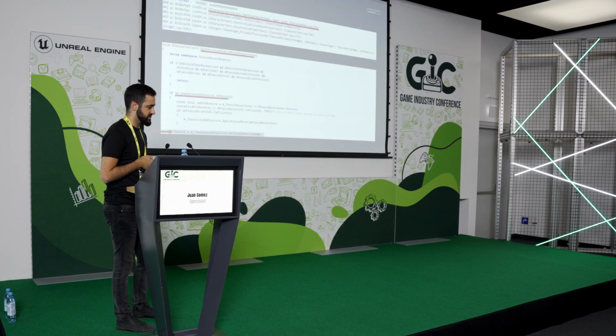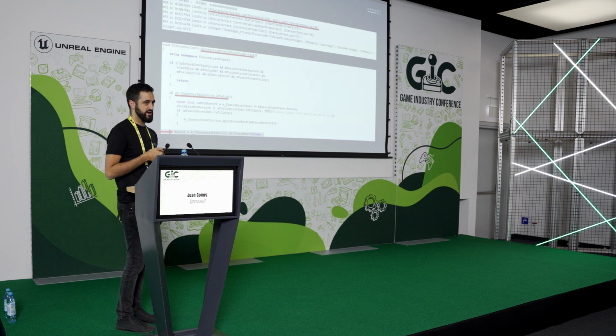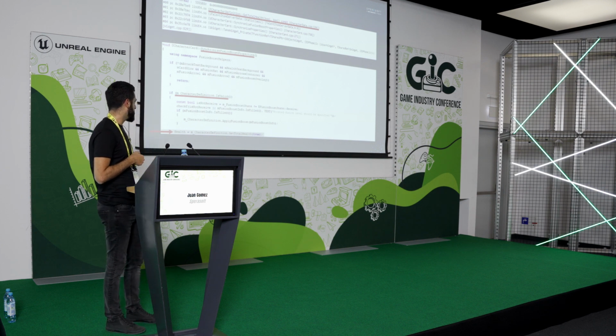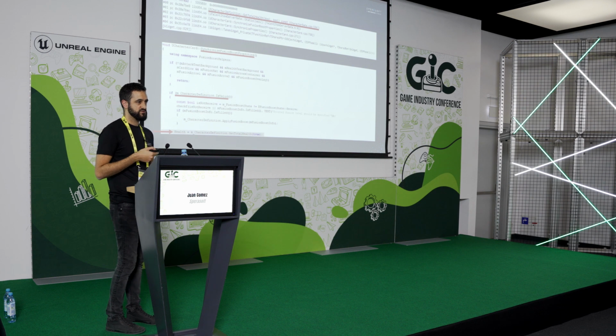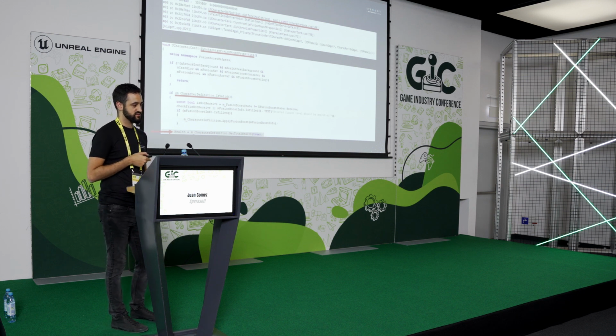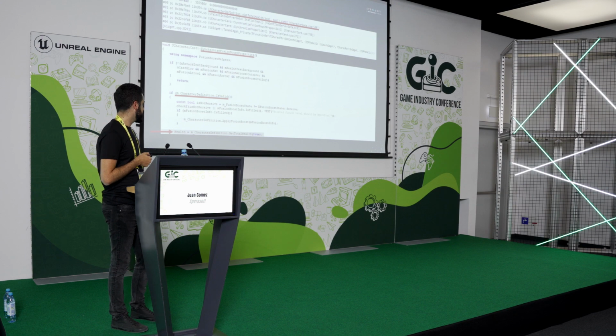I wanted to show you this example because of this check that we have here. We're checking whether it is valid before accessing it. This is a kind of null check from Unreal. It checks if something is null, but it also checks if something is going to be garbage collected. But it doesn't check if something has already been garbage collected. So it won't save you in this case.